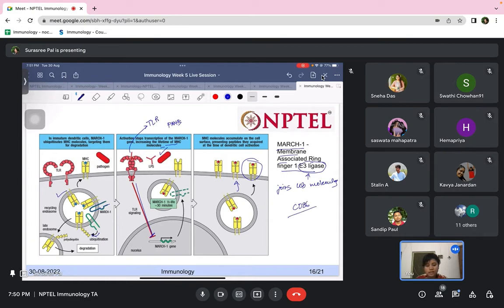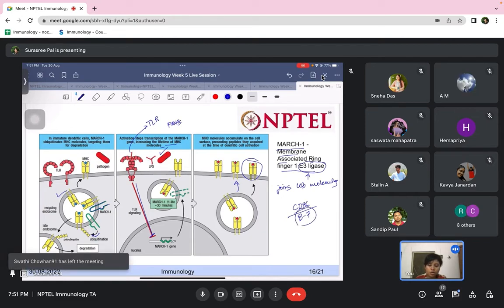If you remember, CD86 is nothing but B7, another co-receptor. It will increase the expression of this co-stimulatory molecule, and once these dendritic cells reach the lymph nodes, they will be activated and have a higher CD86 level, so that it provides the signal to the T cells for activation.